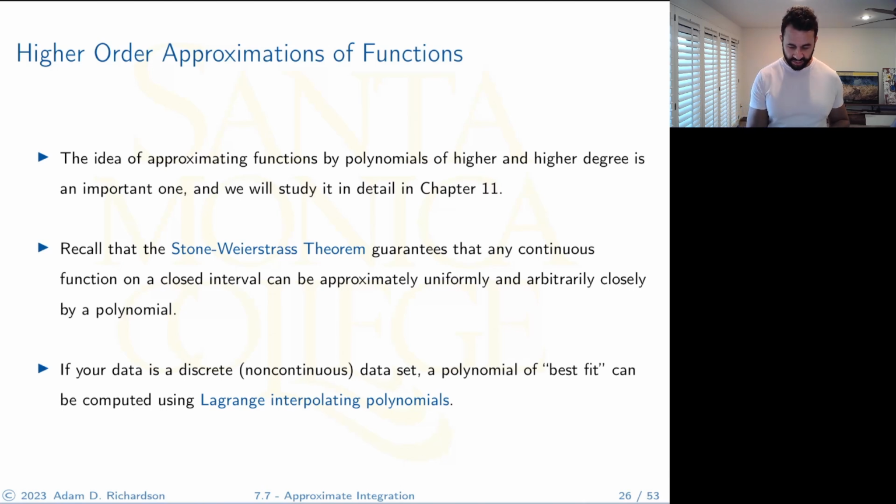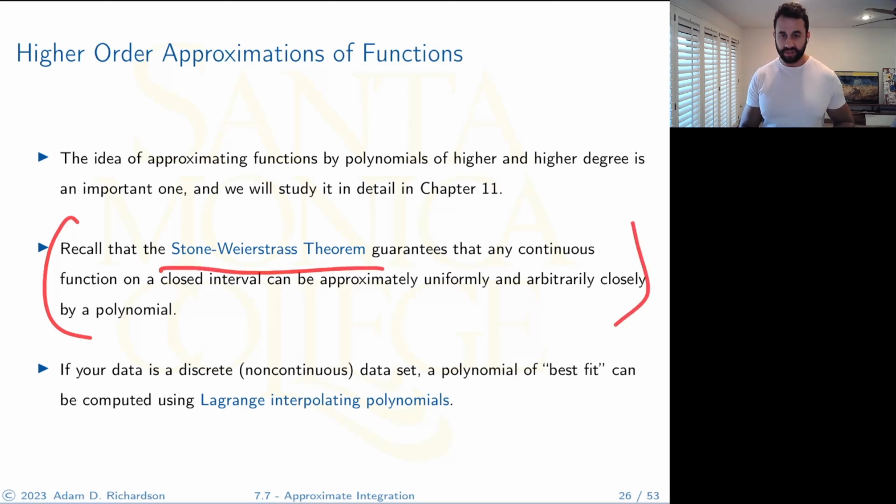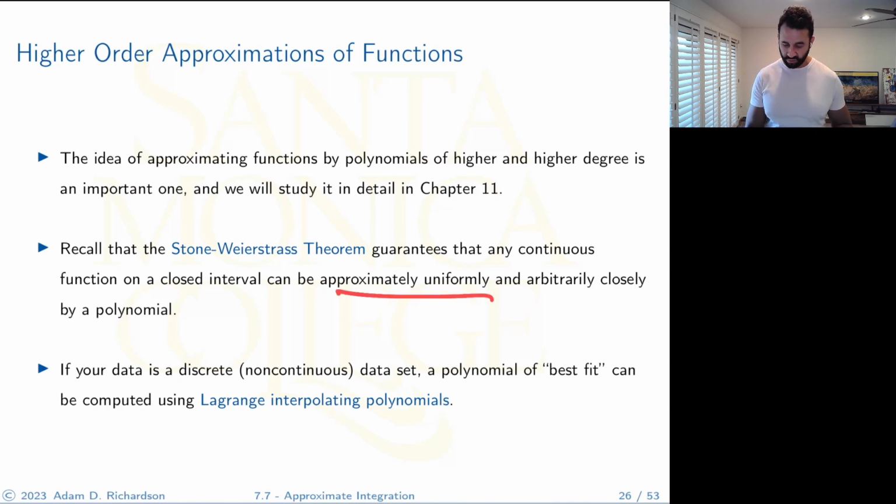So I also want to remind you of this thing here, the Stone-Weierstrass approximation theorem. I know I talk about it way at the beginning of the course, and I talk about it every now and then throughout the course, but remember, this theorem guarantees that if you have a continuous function on a closed interval, you absolutely can approximate it uniformly and arbitrarily closely by a polynomial. So that's a very, very important result.